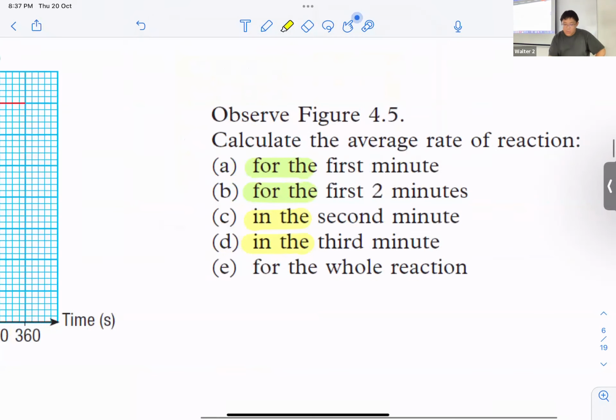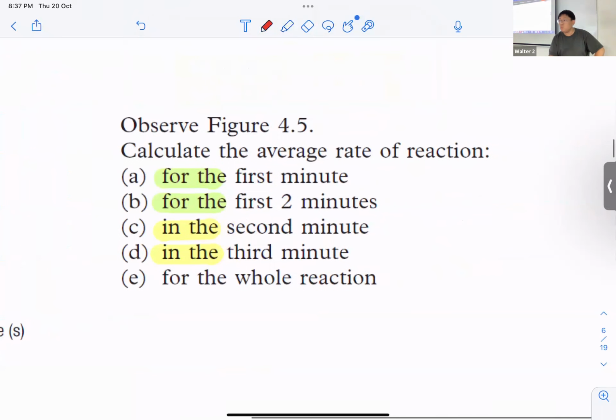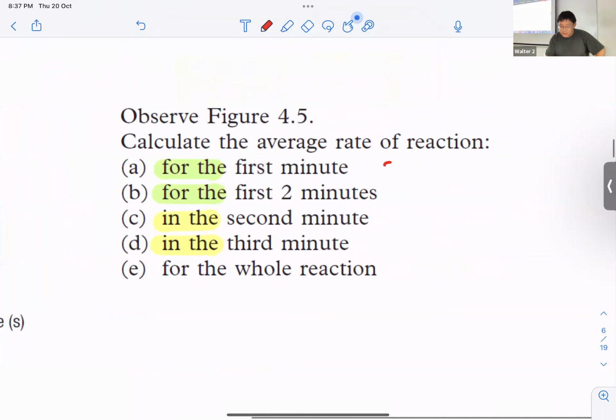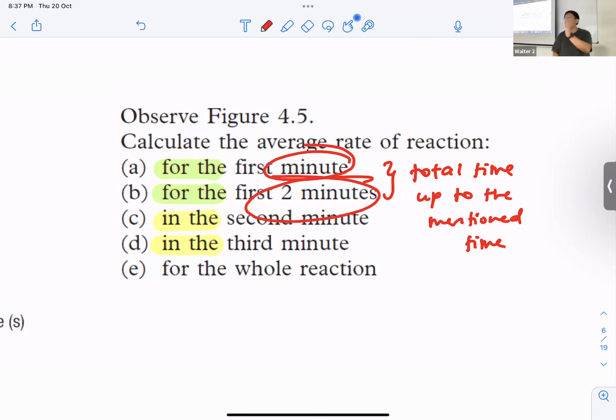When they say "for the first minute" or "for the first 2 minutes", this is the total time up to the mentioned time, which means up to the first minute, up to the second minute.